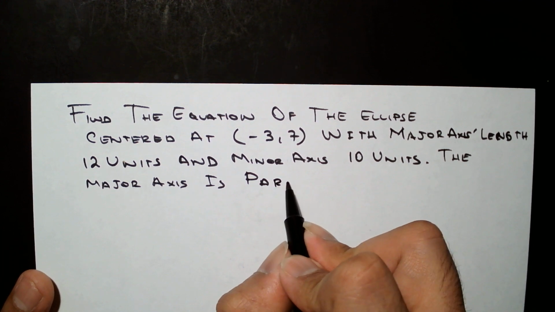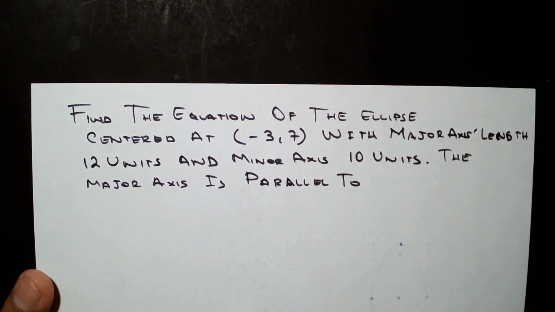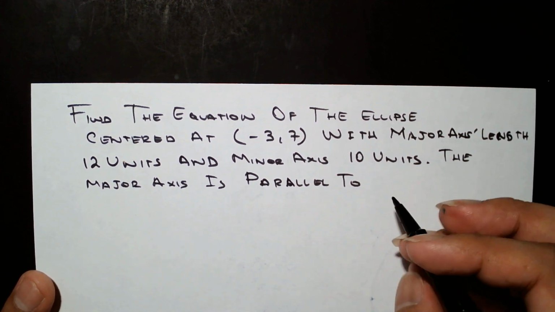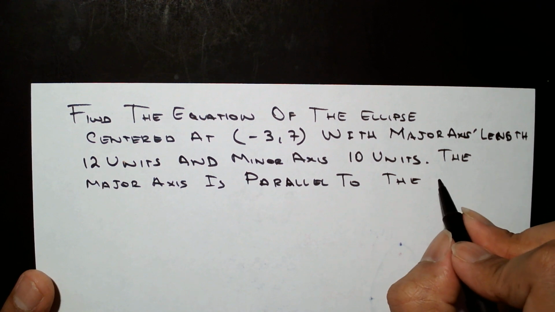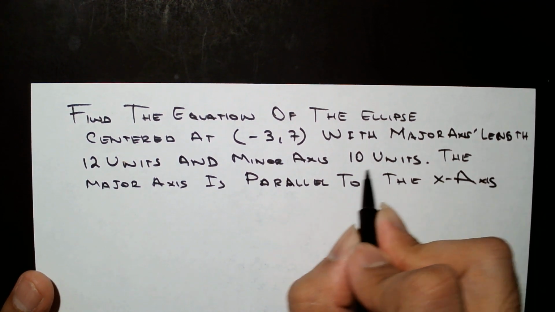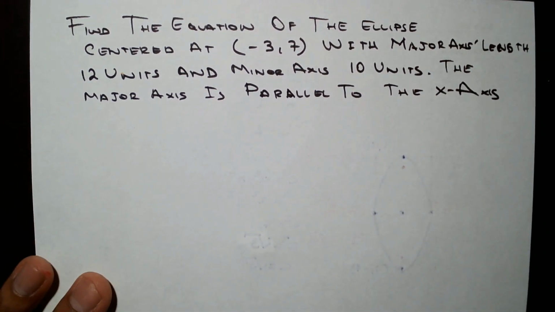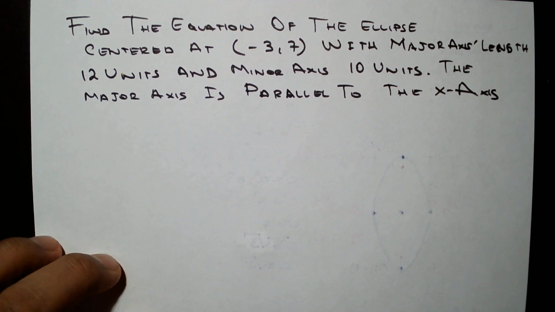So it's parallel to the x-axis. In other words, from here we can make up that the ellipse is going to be horizontal. All right.